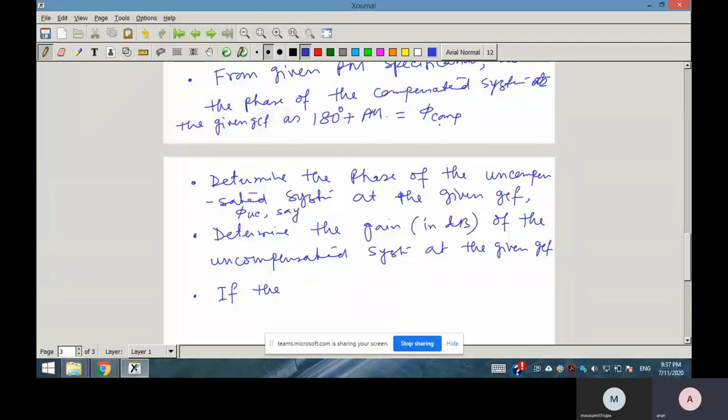Phi C I have not used because phi C I have already used there. So phi com is what I have used. Here phi UC I have used, and this is the gain of the uncompensated system in dB. Here I am writing it as MUC, because MC I have already used.